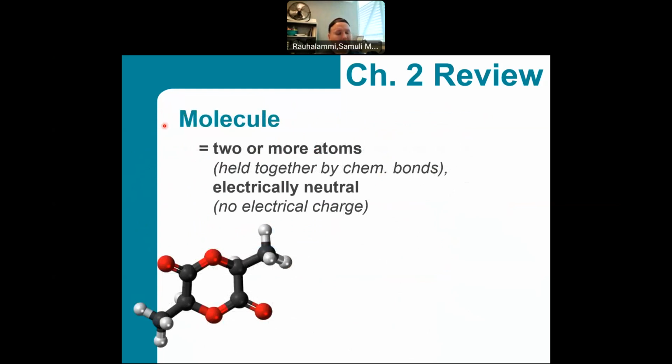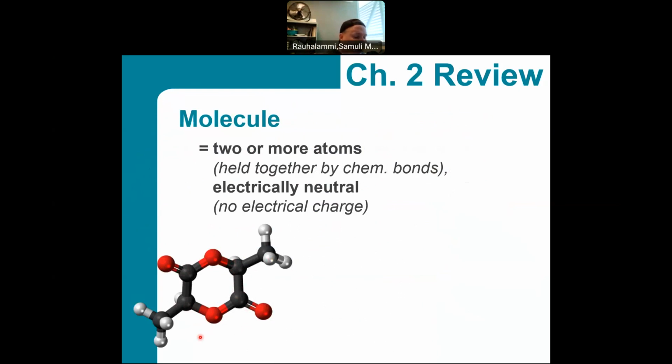Now let's move to a little bit larger scale. What we're seeing here is that atoms can join together, and as atoms join together, they form molecules. This can be two atoms or more than two atoms joining together. As they join, they are held together by chemical bonds that the atoms form between each other.